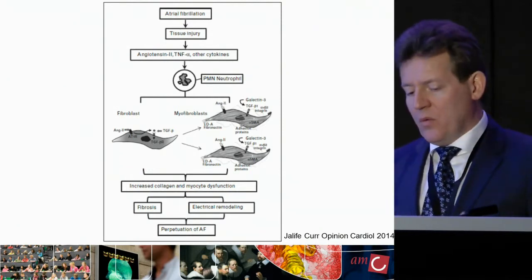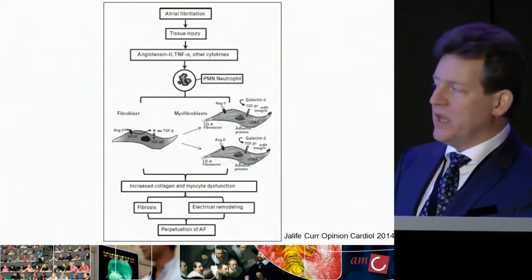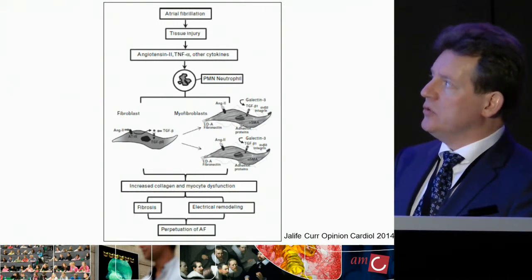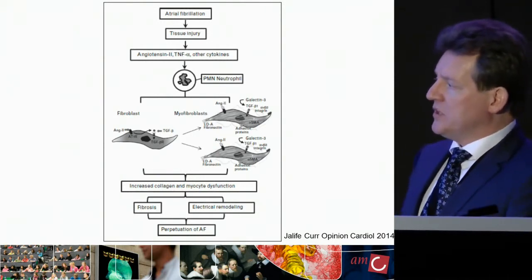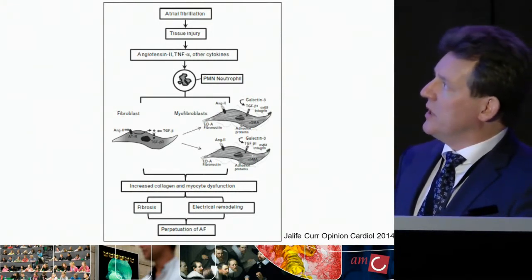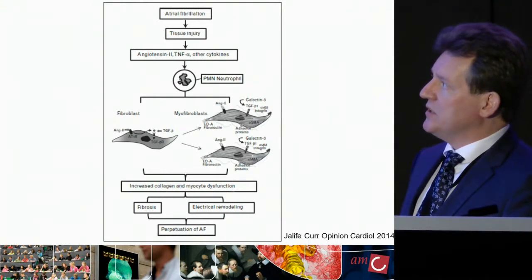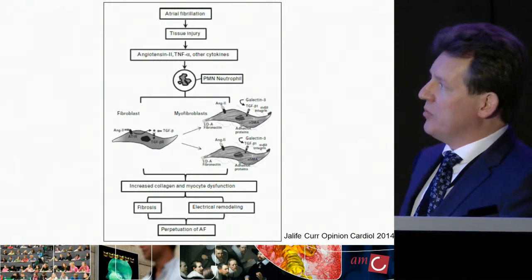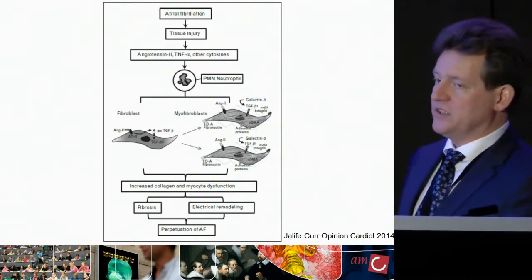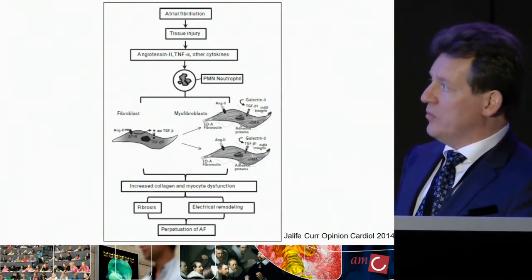To continue on how we can translate what the mechanism of fibrosis formation in the heart is to a clinically useful tool, I found this article by Pepe Khalife, who proposes this scheme. He says, well, atrial fibrillation leads to, but also is associated with tissue injury. There are all kinds of cytokines that attract macrophages, and then fibroblasts differentiate into myofibroblasts that excrete extracellular matrix and form fibrosis.